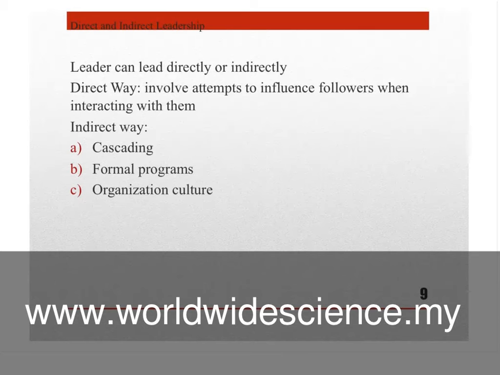You have to know exactly how to use the programs, the formal programs, trainings, whatever it takes to get where you want to get, and not just say, because I can't communicate with them directly, that's why I'm not getting it through. No, it's not true. It's just because you're not doing it right. So the leader is supposed to know exactly how to indirectly communicate with their employees, and that's one of the most important roles of a leader.